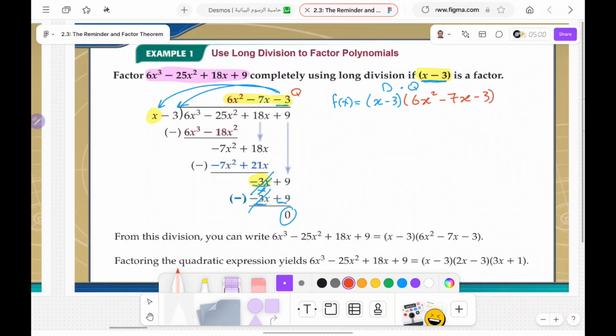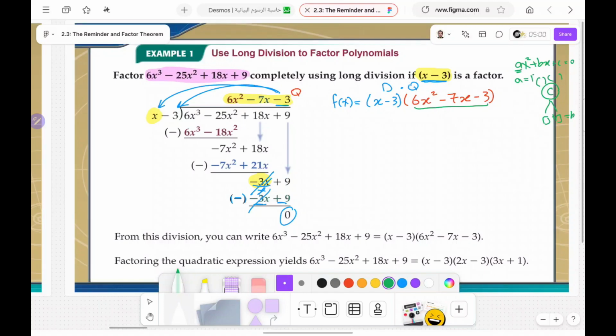Now if I ask you to factor this polynomial, it is easy because this one is a quadratic function. We know that if I need to factor the quadratic ax squared plus bx plus c, if a is equal to 1, which is the first term, we just go directly to c, find the factors of c that add to get b, then we open the two brackets and we factor.